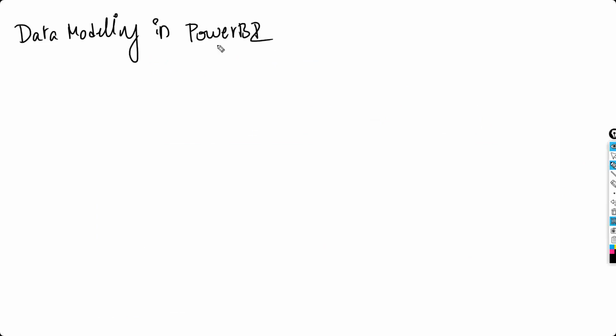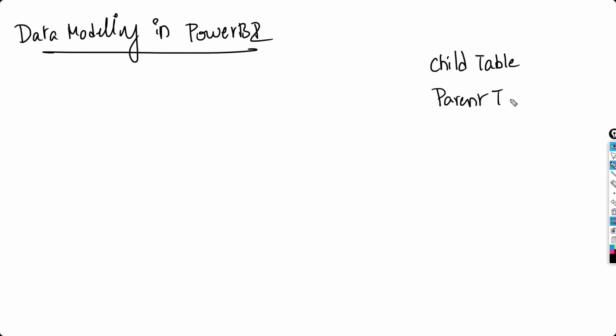Remember, before understanding data modeling in Power BI, my requirement, the prerequisite. What is a prerequisite? Do you know what is meant by child table in SQL? Yes or no? Do you know what is meant by parent table in SQL? Yes or no? Do you know what is meant by ER diagram?